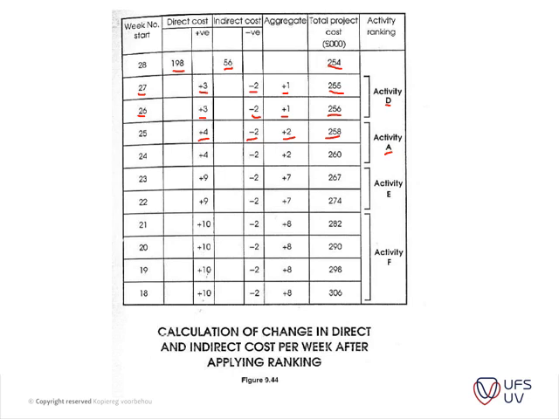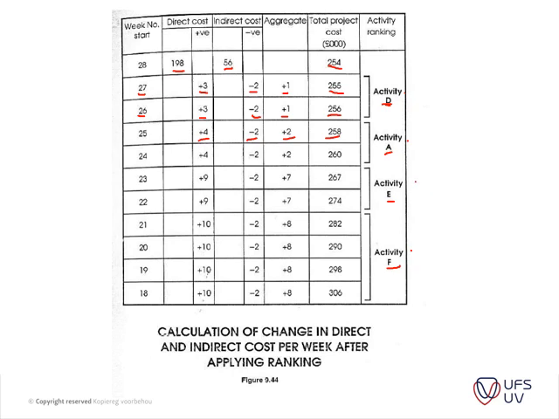D, A, E, and F. Okay, cool. So you can see the ranking. I just wanted to make sure that this is right. The rankings of the critical path items are still according to table 9.42. So you still need to use table 9.42 to rank your items, the ones that have the least impact.